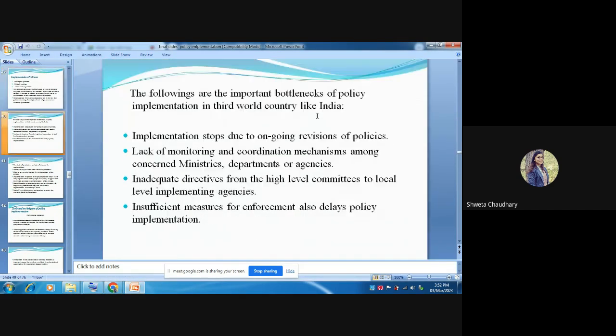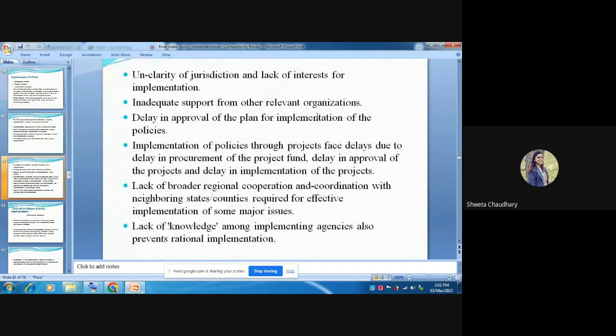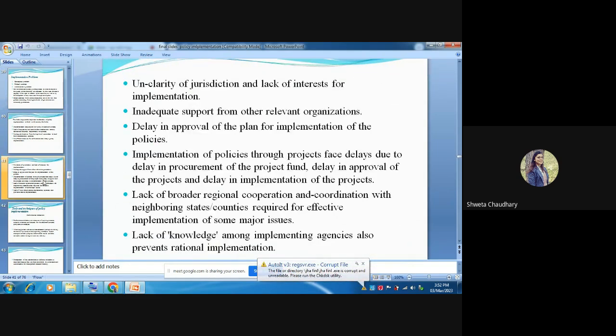Then we have discussed implementation problems. There is a list of implementation problems, like if proper funds are not being given for the policy implementation, or there is no proper regional cooperation and coordination among the states or the country, or there is a lack of knowledge among the implementation agencies.